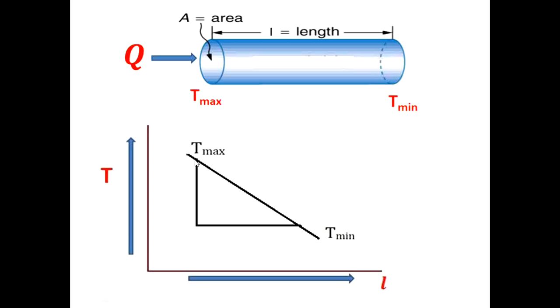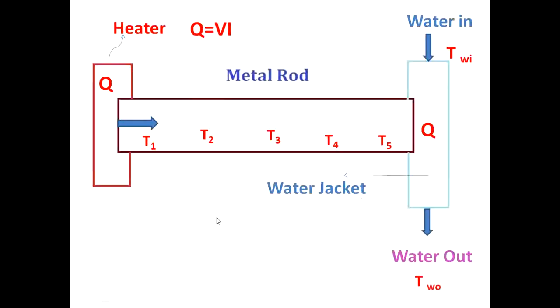Heat is transferred, but the temperature reduces. As you know, in the first quadrant you get a negative slope. This is delta T, this is delta X. Therefore, the gradient is minus delta T divided by delta X.